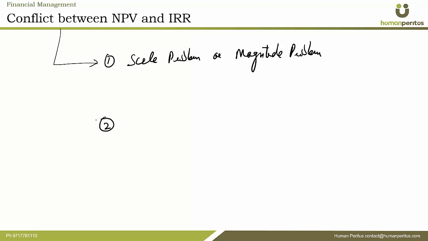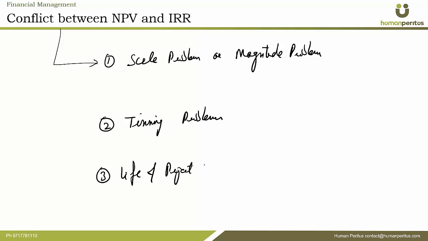Number two reason is timing problem. Okay. And number three reason is life of project problem. So these are the three issues because of which there might be conflict between NPV and IRR.